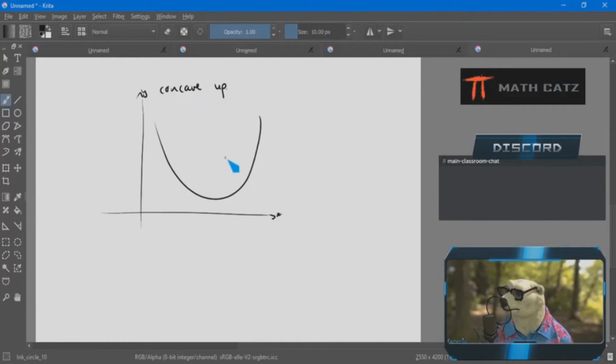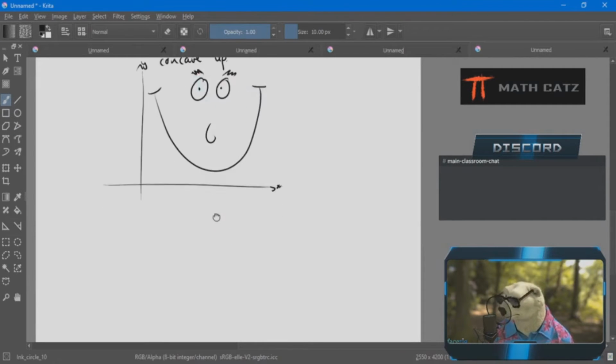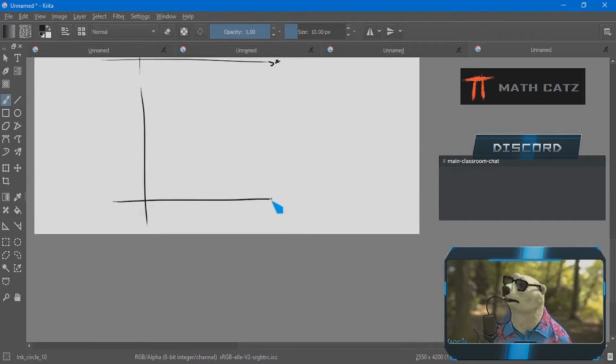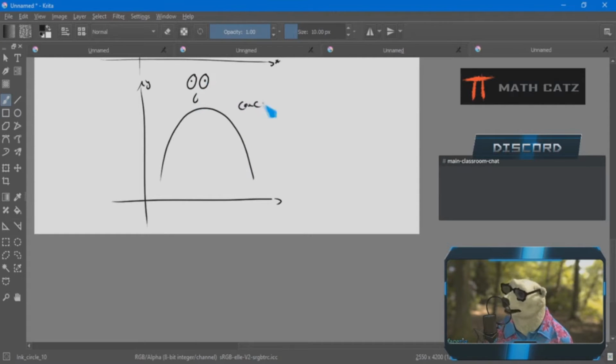When I'm up, I am happy. When I'm happy, I smile. Concave up. When I'm sad, I am down. When I'm down, I frown. Concave down. So it's pretty easy to remember which is which.